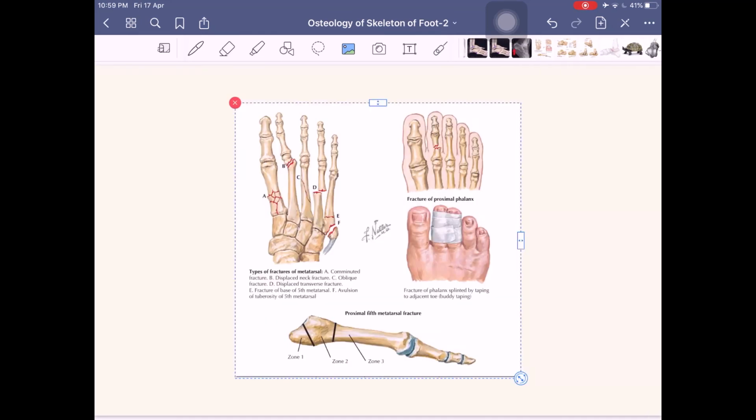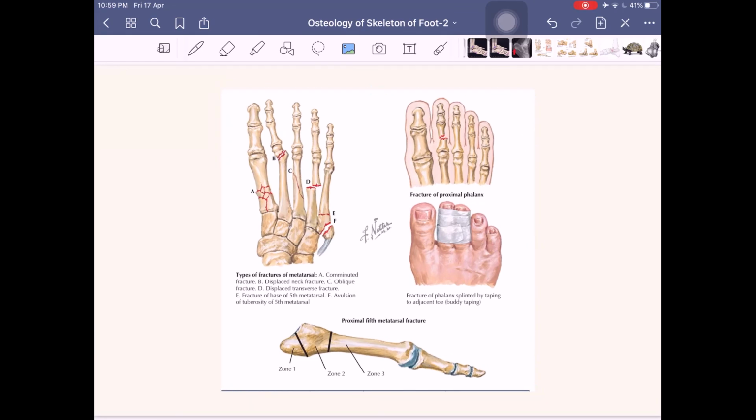Fracture can happen in them. If a fracture happens, usually, if it is not involving any neurovascular structure, it is commonly managed by putting a plaster. You can see here, in this case, plaster is put like this.